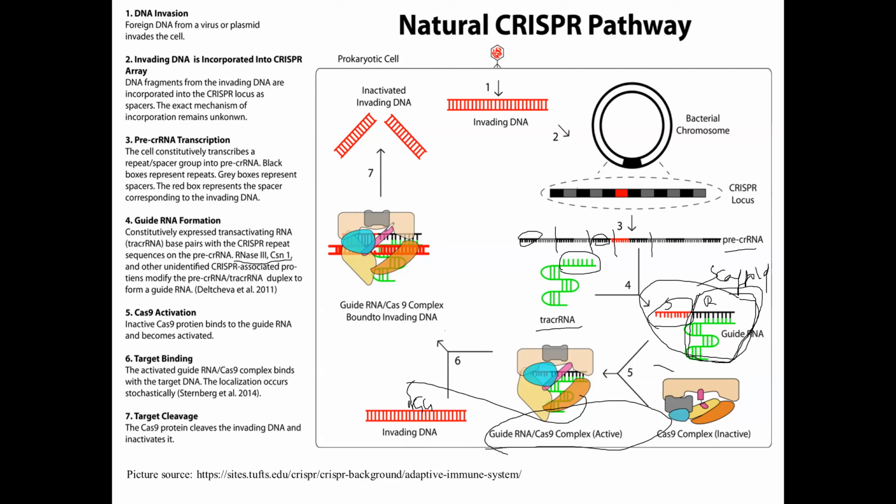Once this annealing is perfect, that means all 20 bases of the target complementary region of the guide RNA have established base pairing with the protospacer sequence of the target.